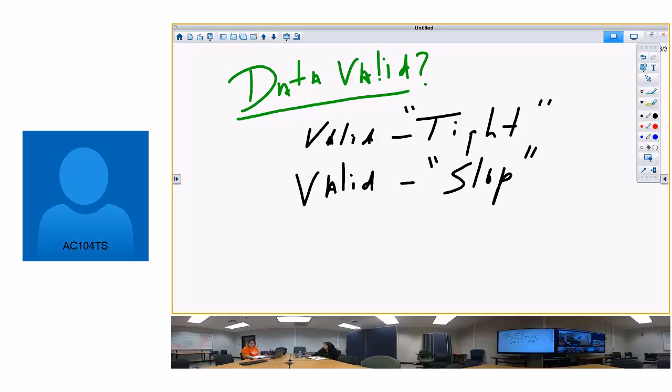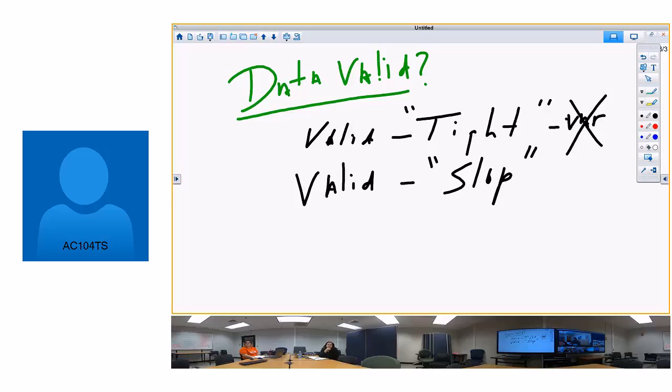All right? Now, valid means that your data is in sequence. In other words, it's in sequence, it's coinciding, it's in a good order, it's not all over the place. You can also say the variation is not there, okay?